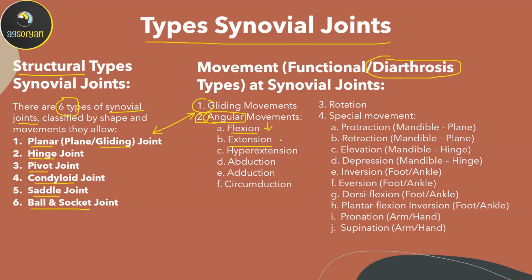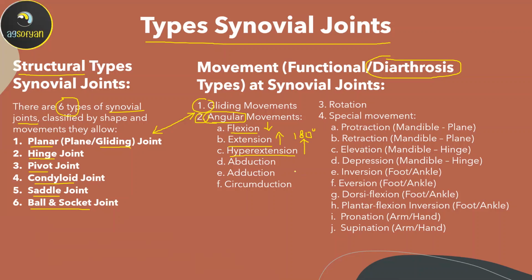Extension is the one that increases the angle. If you extend your elbow, for example, the angle will increase. And if we perform an extension that goes beyond the 180-degree angle, it is called hyperextension.